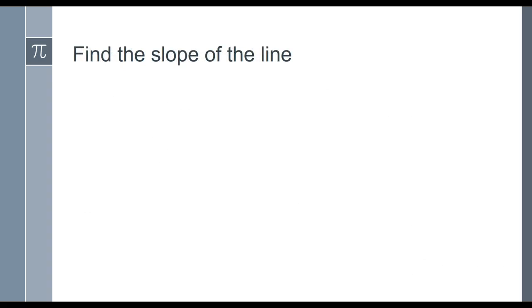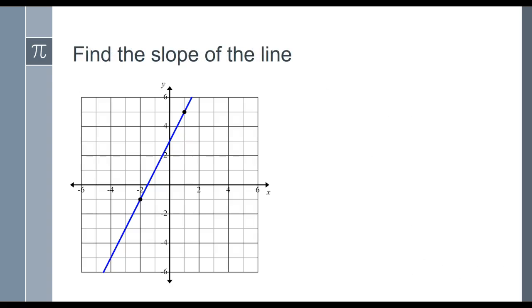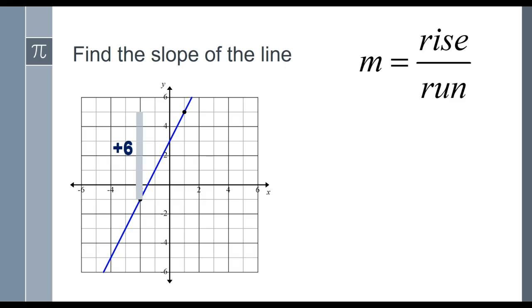Let's see if we can find the slope of the line. And the best way, I think, to find the slope of a line when you're given a grid is to use the rise over run. So what we're going to do is count our rise, and our rise is vertical. 1, 2, 3, 4, 5, 6. So we went up in the positive direction 6.